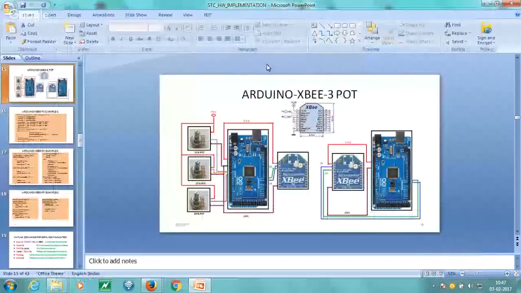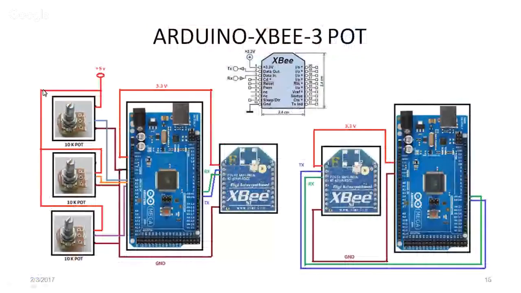Now, in the second PPT, in the second video, I will show you that if you want to communicate 3 potentiometer values, you can do the same thing with the same program, and you will use a single Zigbee to communicate between the 3 potentiometer values and your Arduino board. Basically, this is used whenever we want to set up a system for an MPPT control algorithm or some PV research work.